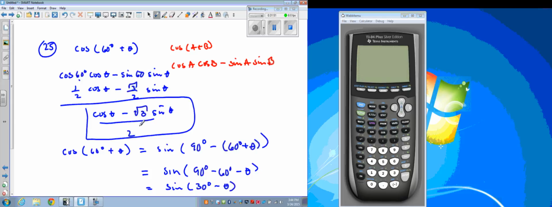See, this is a difference, but it seems to me like a single function. But I don't know. They must be saying write it so that you're not writing it as a sum or a difference of angles. That's what I'm guessing.